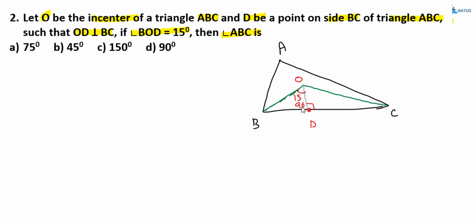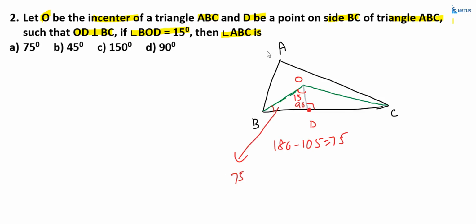Now what is the remaining angle in triangle OBD? That is equal to 180 minus 105, that is equal to 75 degrees. So angle OBD is equal to 75.